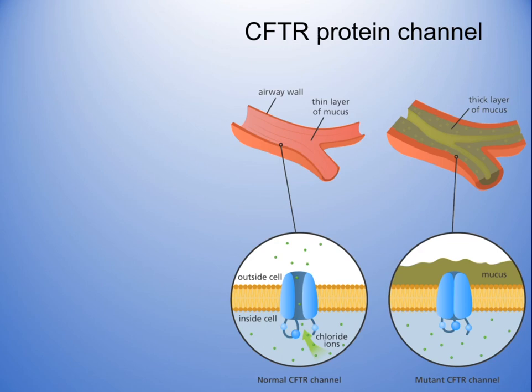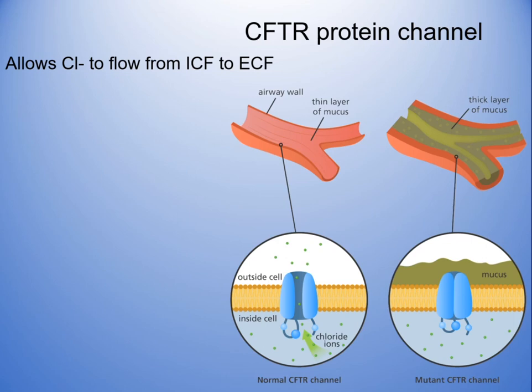So in the cells that line these mucous membranes, there's a protein channel. It's called the CFTR. It's discussed in more detail in another PowerPoint. But this channel allows chloride ions to flow from the inside to the outside of the cell. Look at this picture on the bottom left. It shows you that. Chloride ions, see the green arrow?